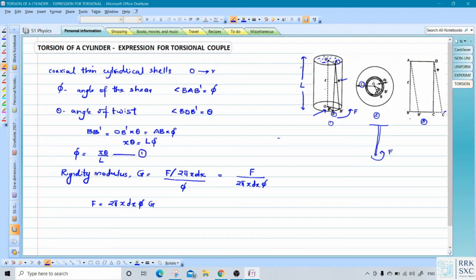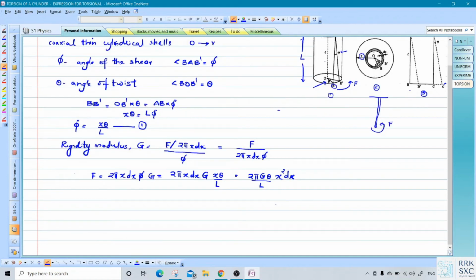Then phi equals x theta by L. Therefore, the force becomes 2 pi x dx G into x theta by L, so that will be equal to 2 pi G theta by L into x square dx. So this will be the force acting at the base of the cylinder.